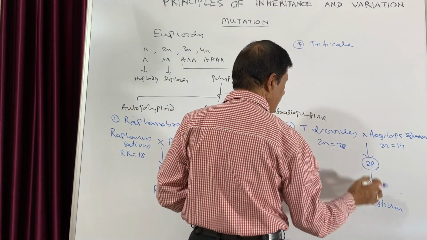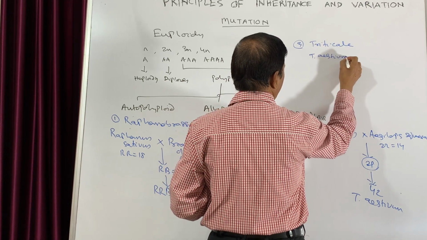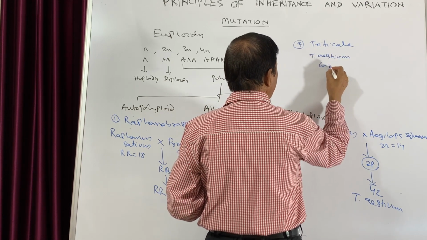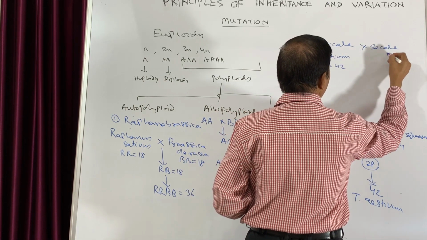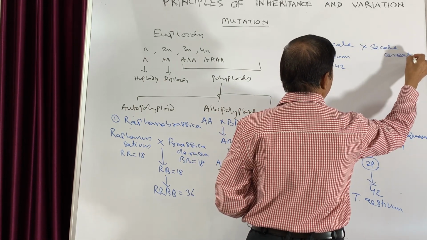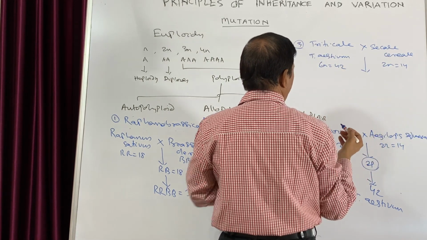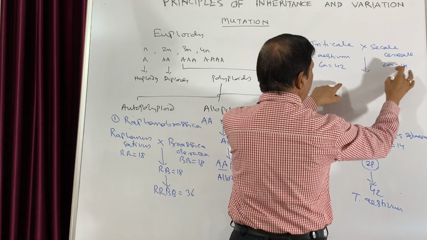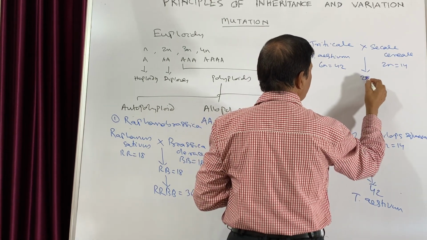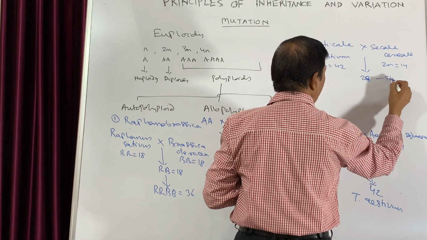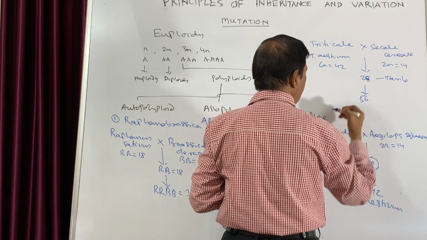Suppose this is Triticum aestivum, here 6n is equal to 42, and crossed with rye, where 2n is equal to 14. So it will have 21 here, 7 here. So it will have 28 chromosomes, and this is sterile. Now if it is doubled, then it becomes 56.